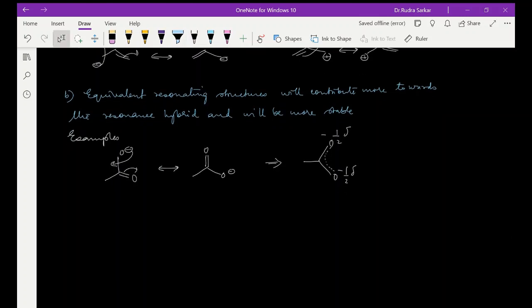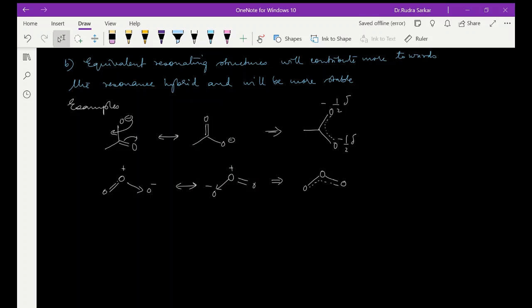Okay, or say let's consider the structure for ozone. Then the resonance hybrid will be something like this, and both the structure 1 and structure 2 are making an equal contribution to the eventual resonance hybrid.